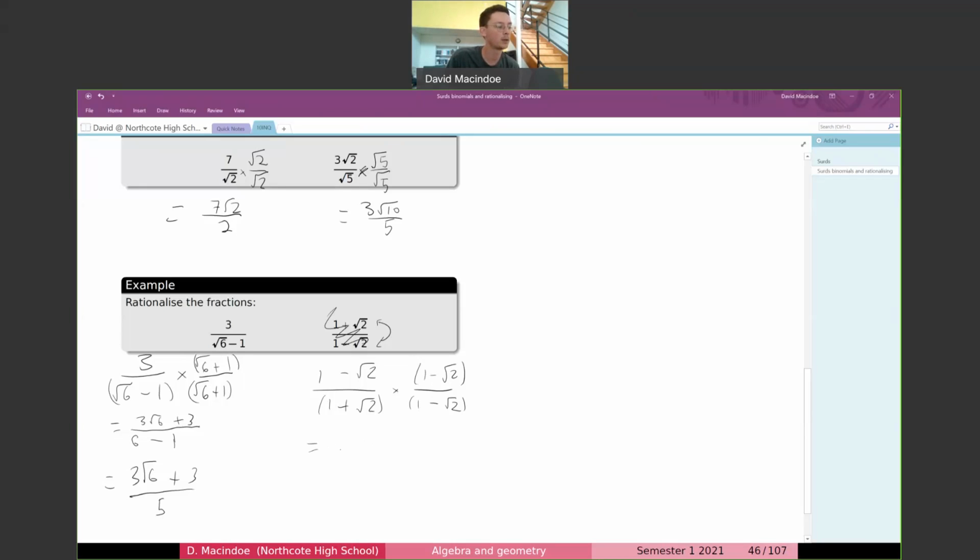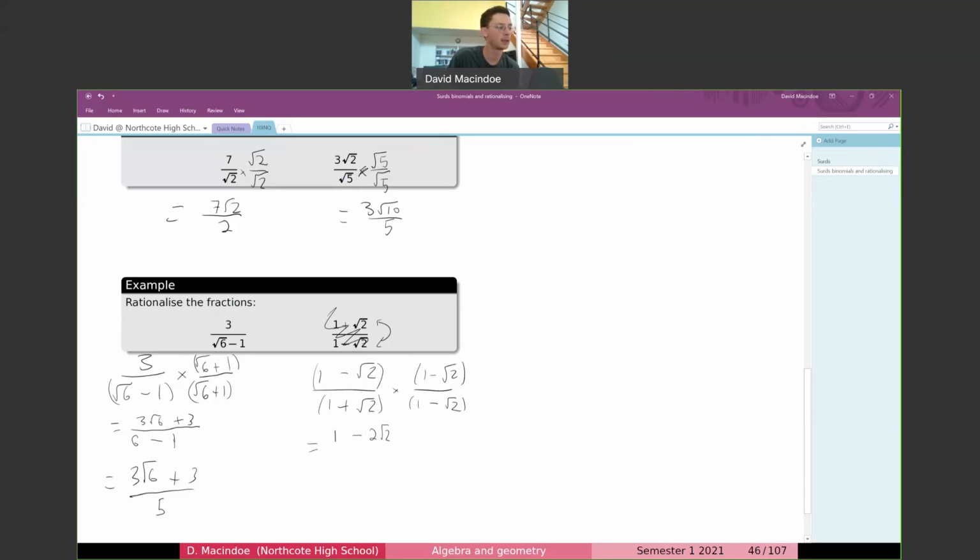And you get, on the top, 1 take root 2 all squared. So we can actually use that pattern from before. We get the first thing squared, so 1 squared is 1. Take 2 times that, so you get 2 root 2.